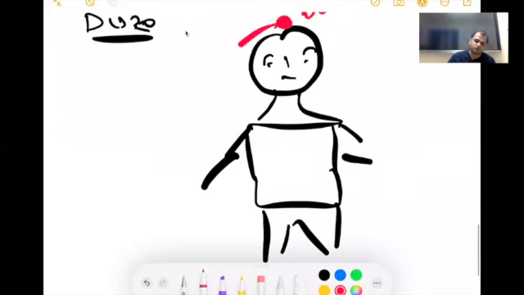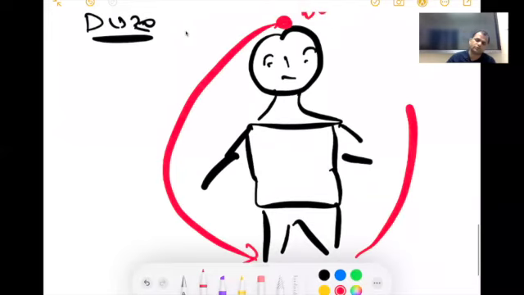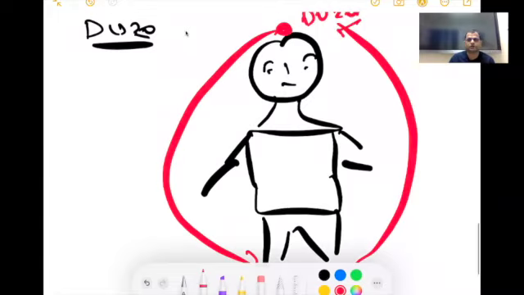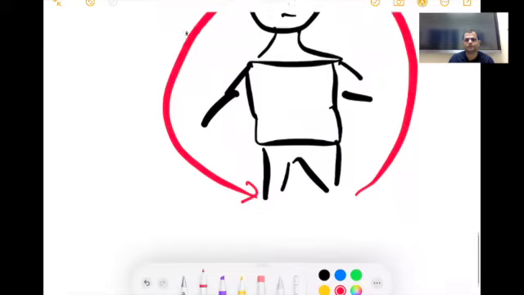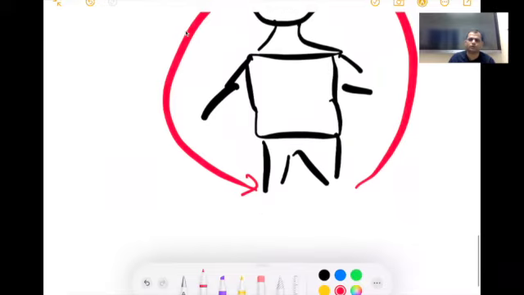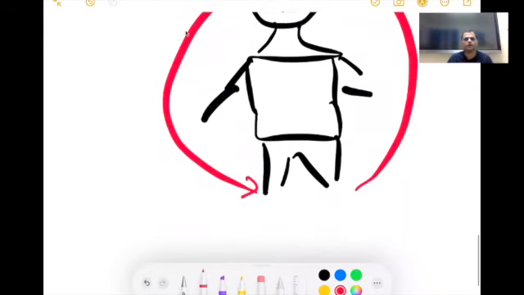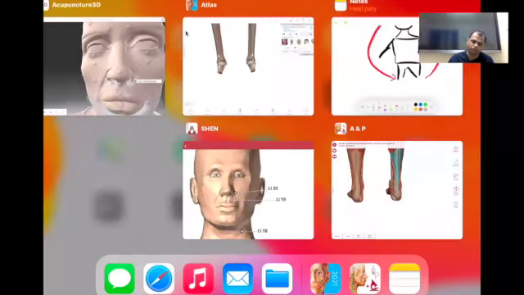So the top is treating the bottom and the bottom is treating the top. This is the relationship of the two ends. If you do something in the bottom of feet, it will treat the top. If you do something on the top, it will treat the bottom of feet.